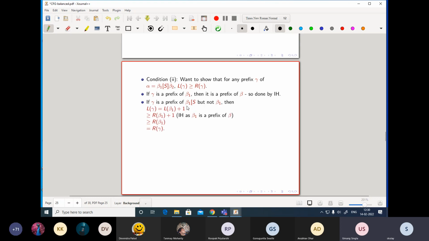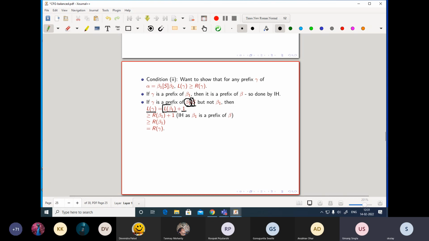Next is gamma is a prefix of beta 1 bracket S. So we have introduced an extra left bracket, but it's not a proper prefix of beta 1. There is something from bracket or S included in gamma. So if I look at the number of left brackets in gamma, it is definitely one more than the number of brackets in beta 1. So L gamma is equal to L beta 1 plus 1. Now, beta 1 is a prefix of beta. So by induction hypothesis, we know that the surplus for beta 1 will be greater than or equal to 0.